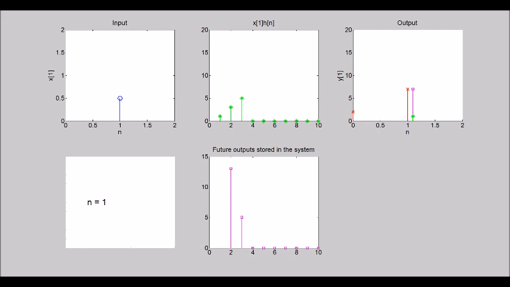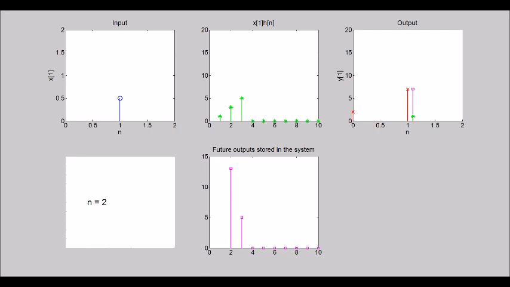And the total output of the system is these 2 added together. Stored inside the system for the next step is then the future impulse responses from the current step plus what was already stored in the system.